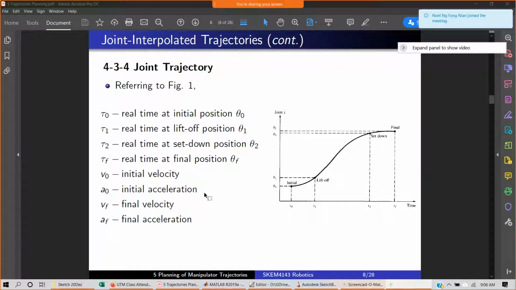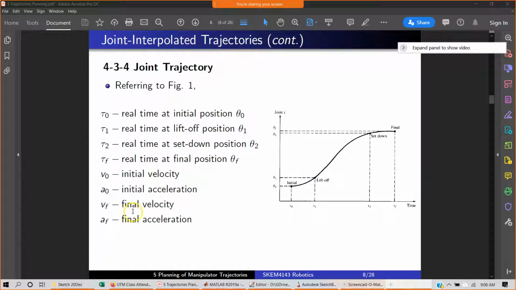But that's not always the case. It's case by case. Usually in a question, if the values of initial velocity and initial acceleration are not given, you assume them to be 0. That means you start from a static point.